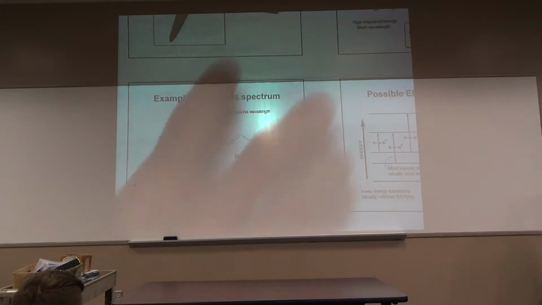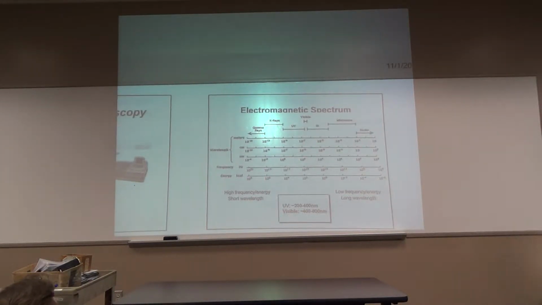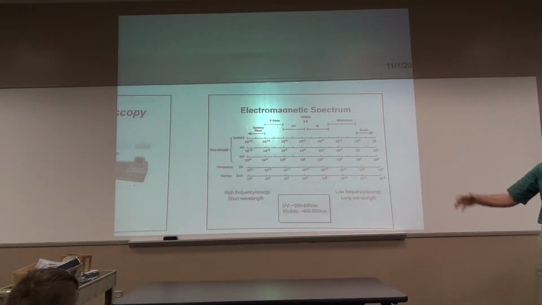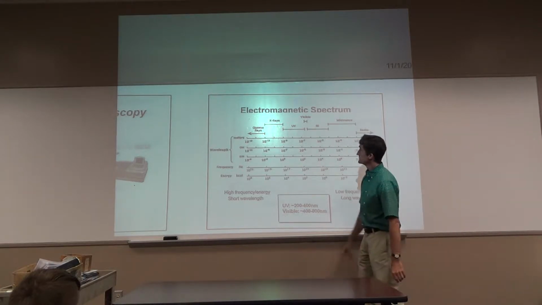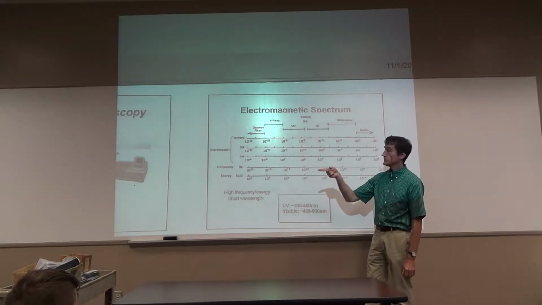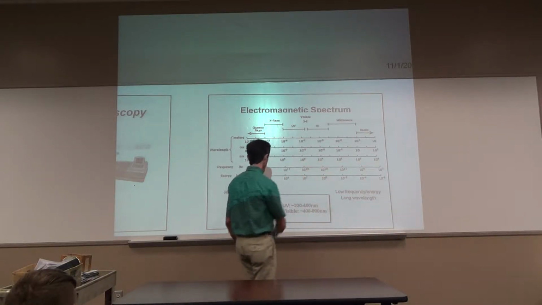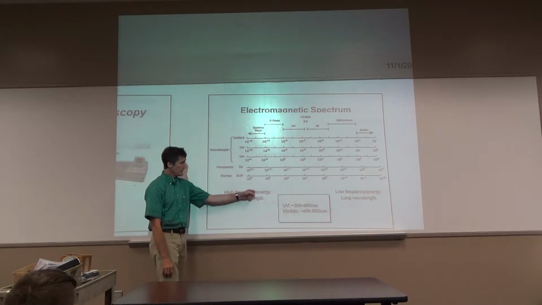But what I just mentioned is your summary of your electromagnetic spectrum. And every time we do spectroscopy, I show you this. The one in the IR handout was a little bit different than this one, I think. But you have high energy would be this end, high frequency, high energy, right?